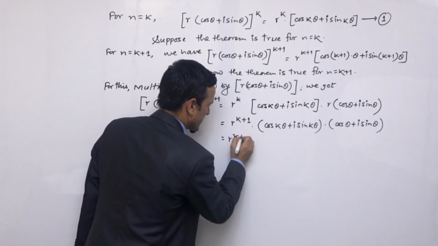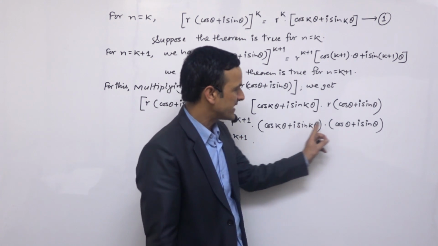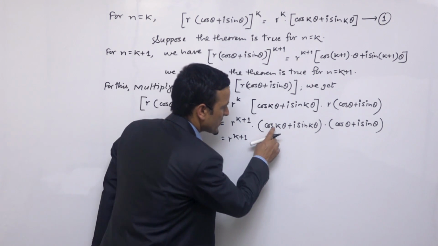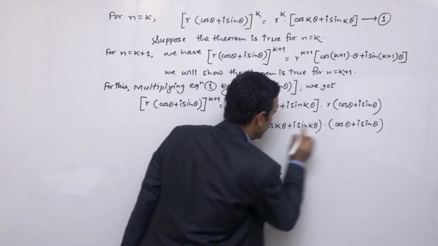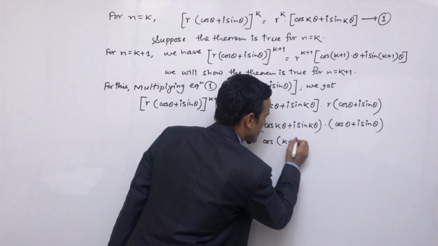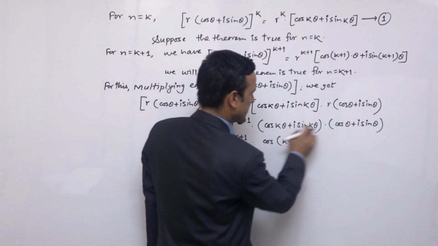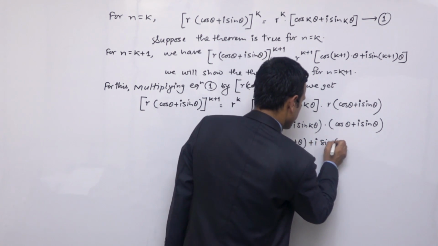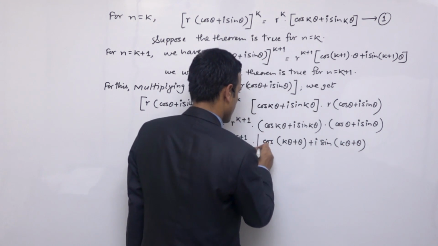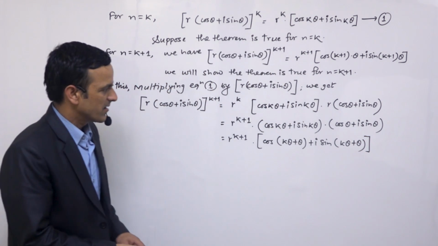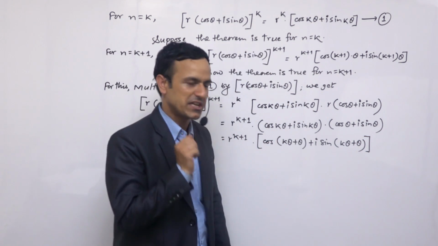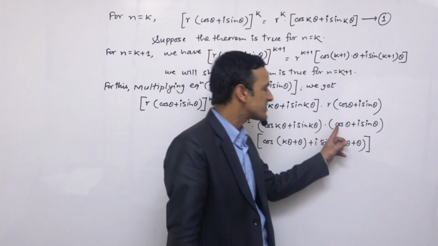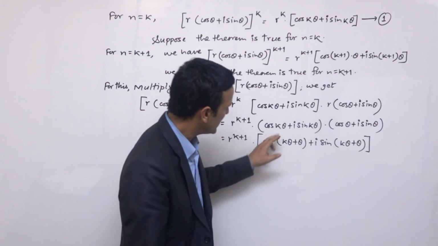Now solving together, multiplying this and this all together. If you multiply this and this, we get cos k theta into cos theta. Multiplying this, our result is cos of k theta plus theta, plus i sin of k theta plus theta. This term comes. From the multiplication rule of polar form we saw earlier, what can we say? cos theta 1 plus i sin theta 1 into cos theta 2 plus i sin theta 2 gives cos of theta 1 plus theta 2.